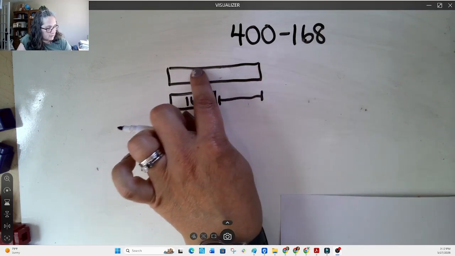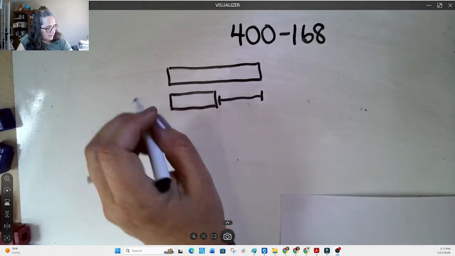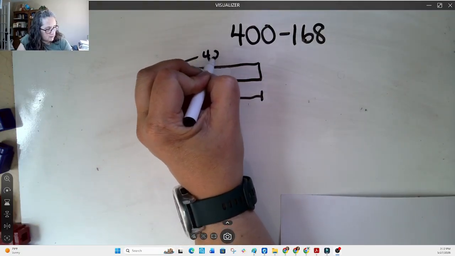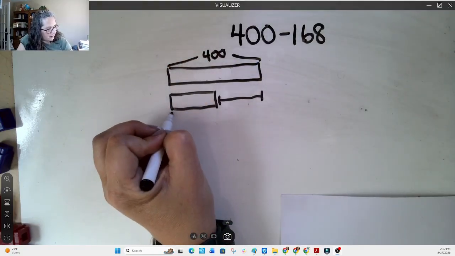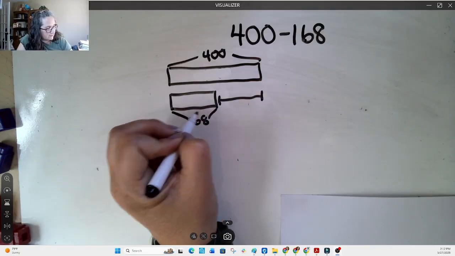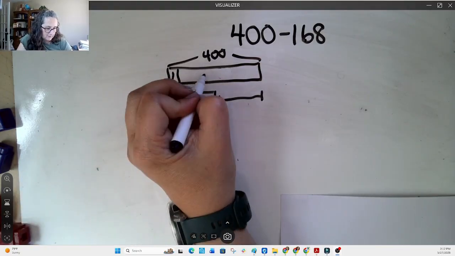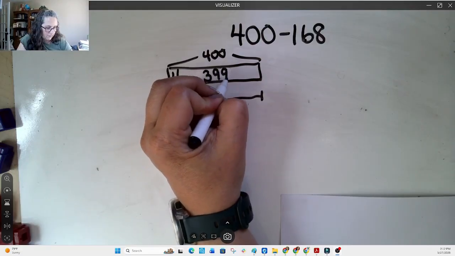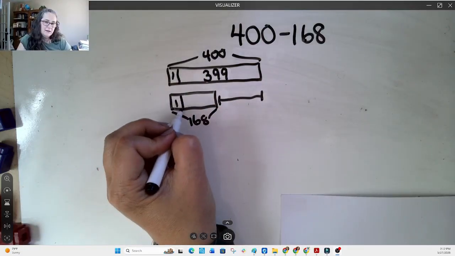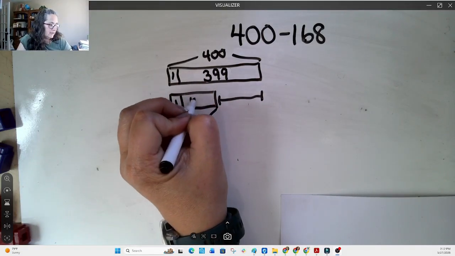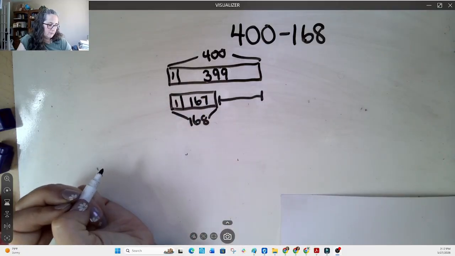So let's change the way we're labeling our boxes here. And let's take 1 off of each of these. The other part of 400 would be 399. The other part of 168 would be 167.